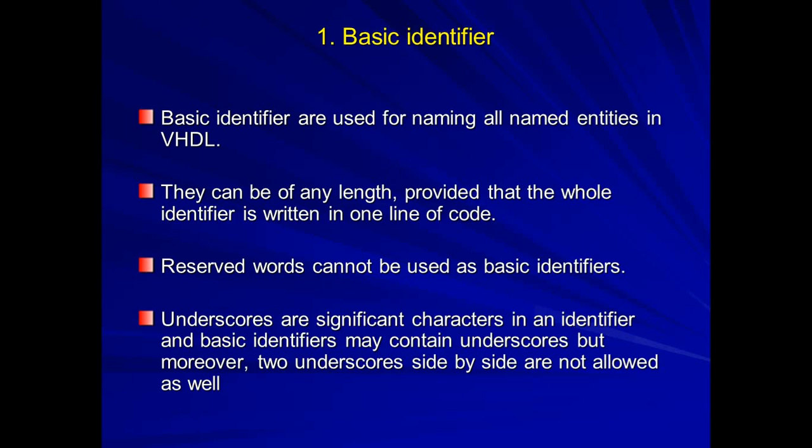Means in the VHDL language, the reserved keywords are like library, entity, is, architecture, of, and all the operator names. Hence, we cannot use reserved keywords for a basic identifier. Underscores are significant characters in a basic identifier. Basic identifiers may contain an underscore, but two underscores side by side are not allowed.